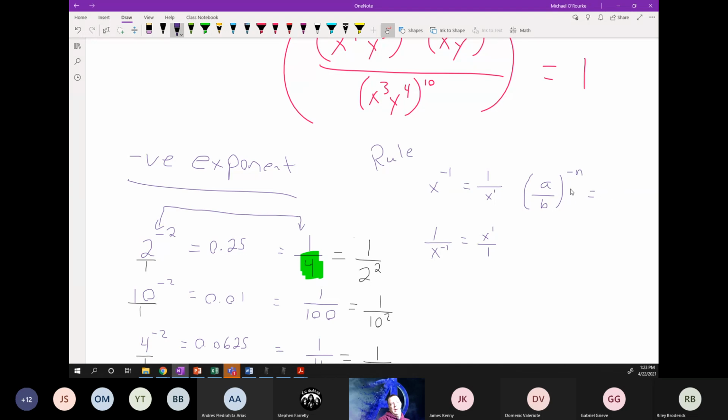And if you work this way, to make a negative exponent positive, the numerator and denominator switch places. Okay? Does that rule make sense to you, or is that kind of confusing?